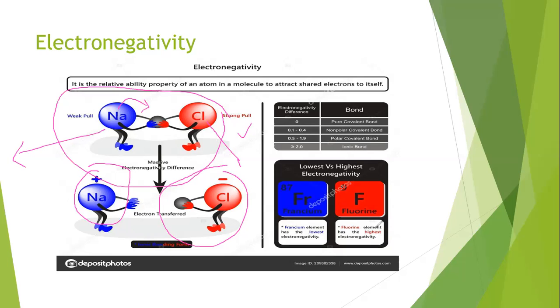The highest value of electronegativity in the periodic table is for fluorine, and the lowest electronegativity value is for francium. Francium is the element of the first group at the bottom, in the seventh period. That's why francium has a very low value of electronegativity.